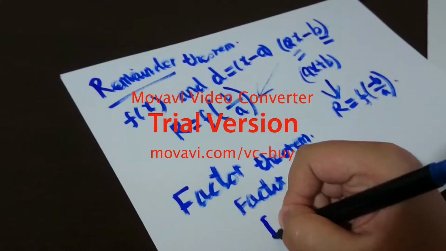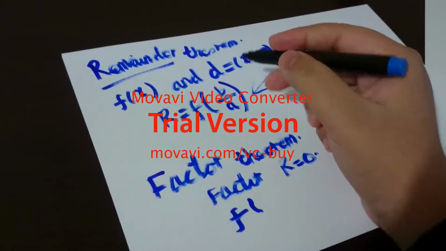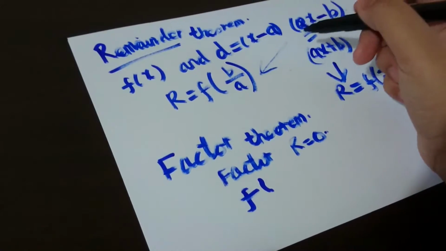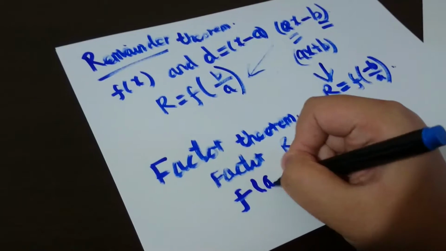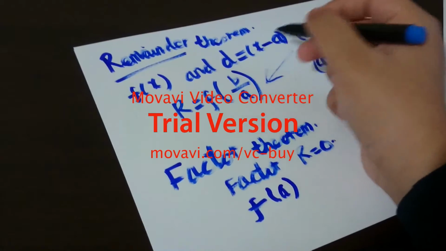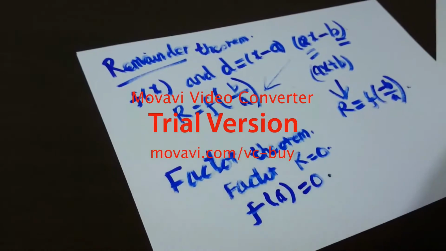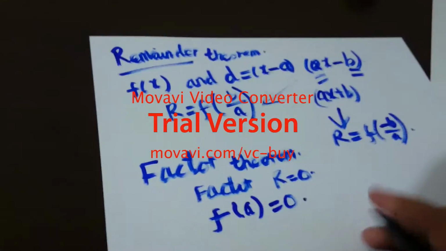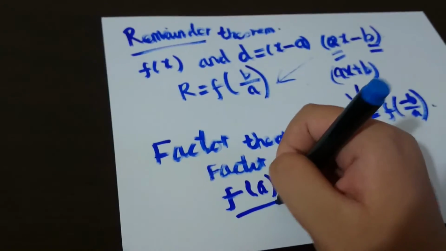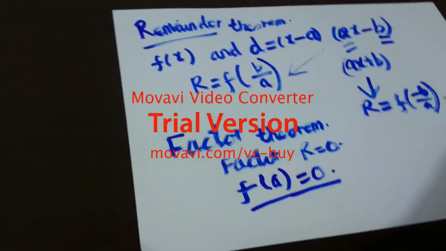You can say that this is actually f of this certain factor, let's say x minus a. In this case, our a is f of a, because our b value is 1 here. If I say bx minus a, so b value is 1, and this should equal 0 if that's a factor. And usually in exams you'll be told prove that something is a factor of this function. So this is the test that you do. f of a equals 0. If it is equal to 0, then that is a factor.